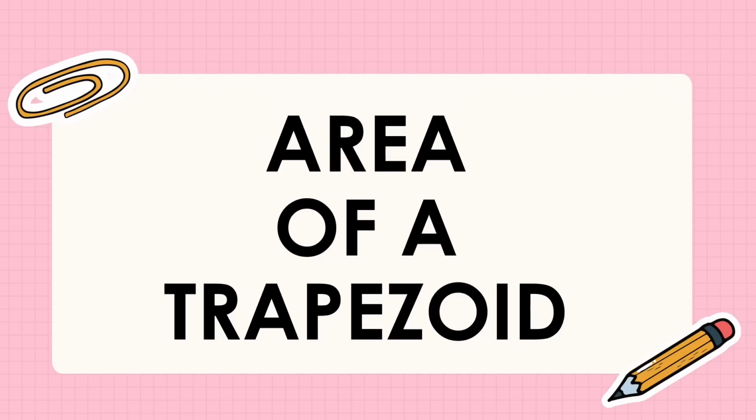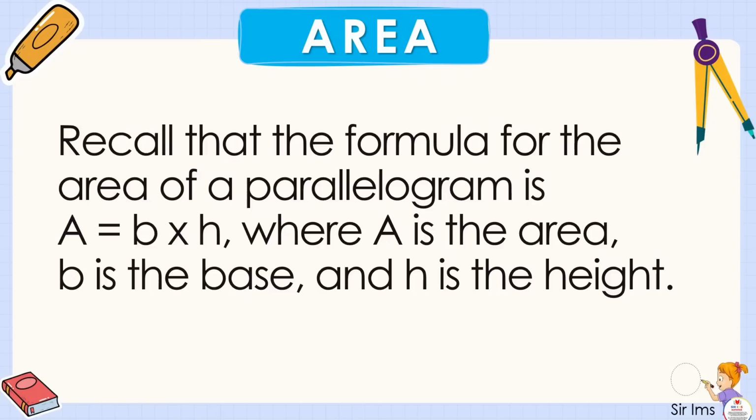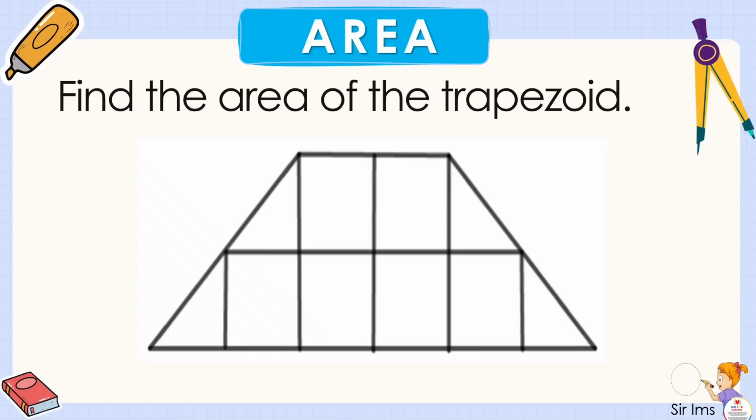Recall the formula for the area of a parallelogram, which is A equals B times H, wherein A is the area, B is the base, and H is the height. So this time, let's find the area of the trapezoid. How do we get the area of a trapezoid?